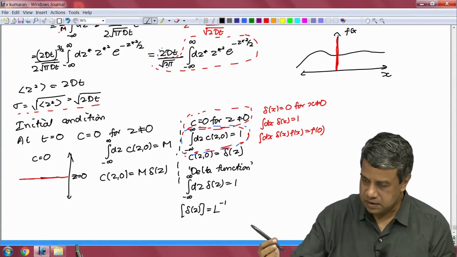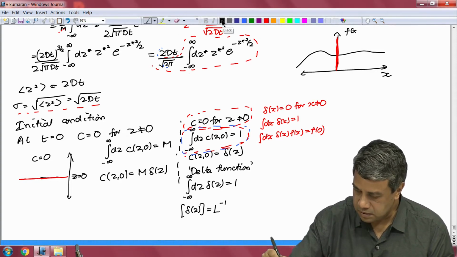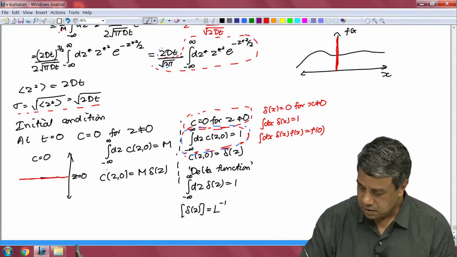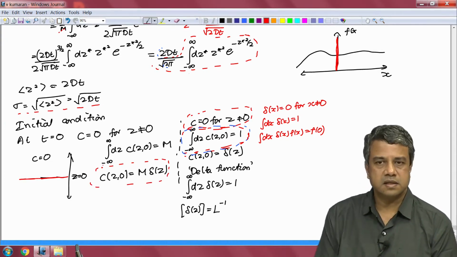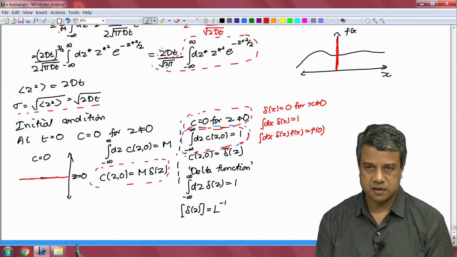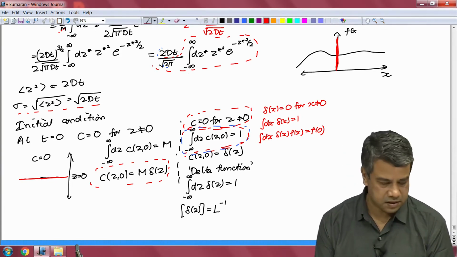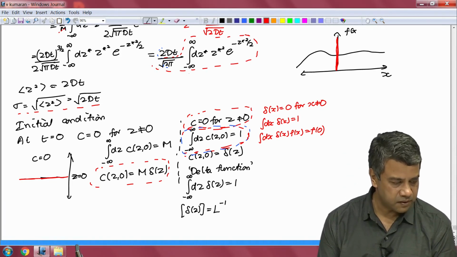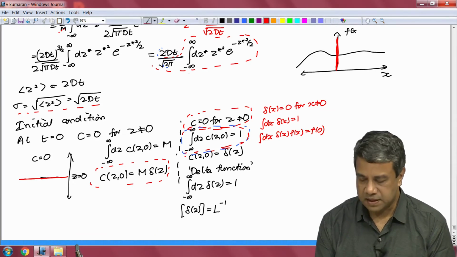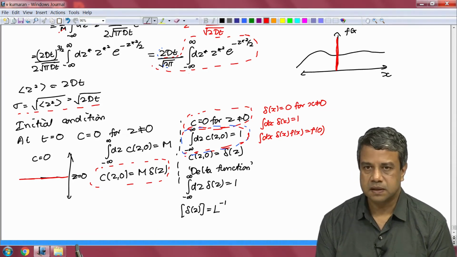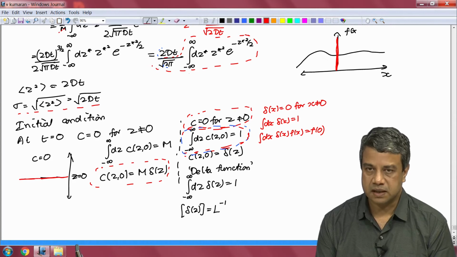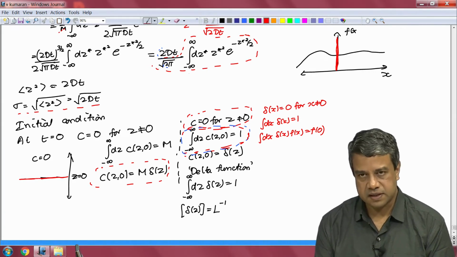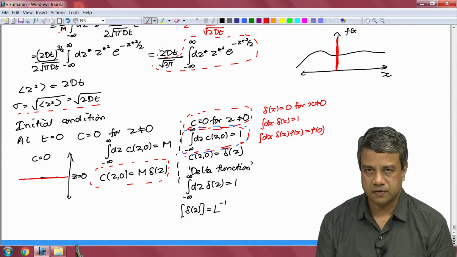Also, in this initial condition, you can verify that the left side is a mass per unit volume, a concentration. The right side is m times delta; m is a mass per unit area, and delta has dimensions of 1 over length, therefore the right side is also a mass per unit volume.